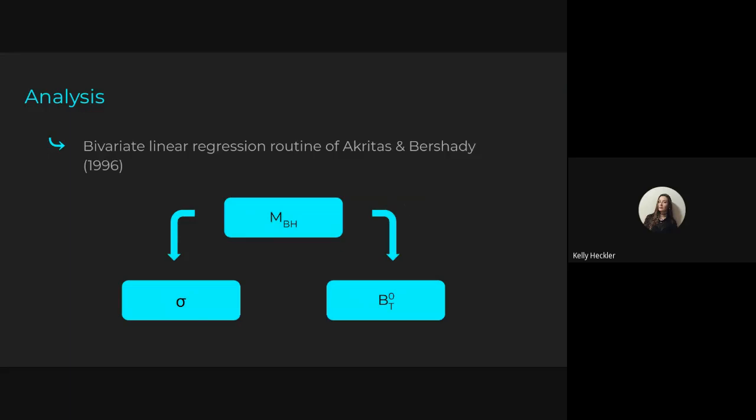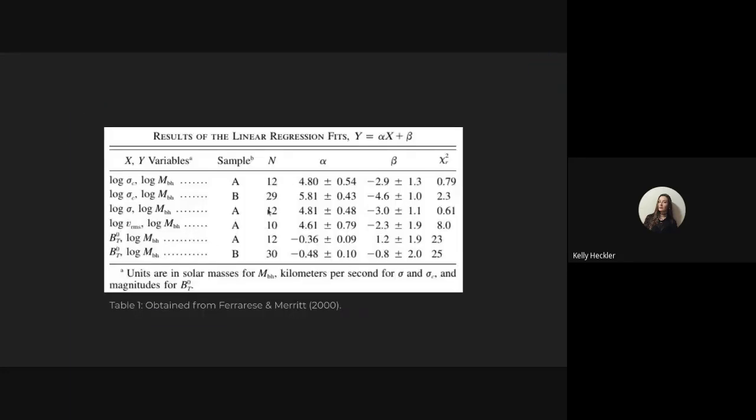The results of the black hole mass regression fits apply to each sample of galaxies and are summarized here in Table 1 and in the next figure.